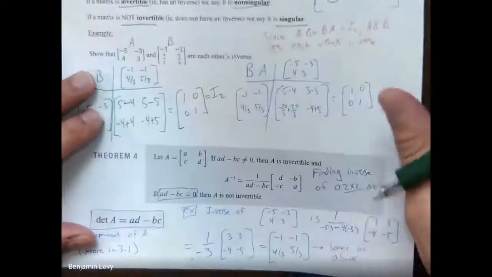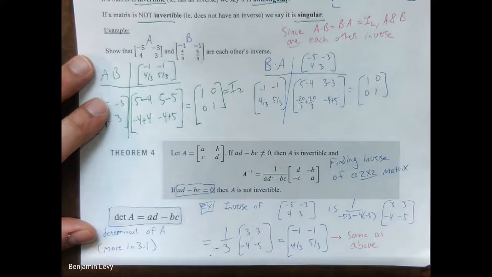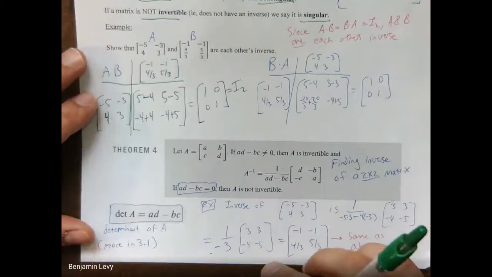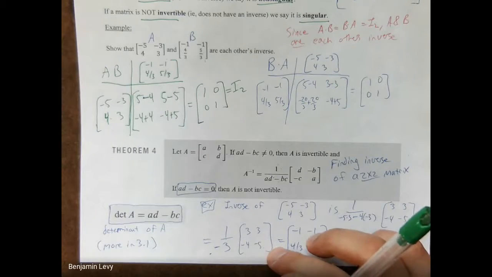So, a question about theorem 4. Someone says, is theorem 4 something we need to memorize? You should know how to do this. Yes, you should memorize. Technically, if you had a 2x2, you could just use what I just said a second ago.